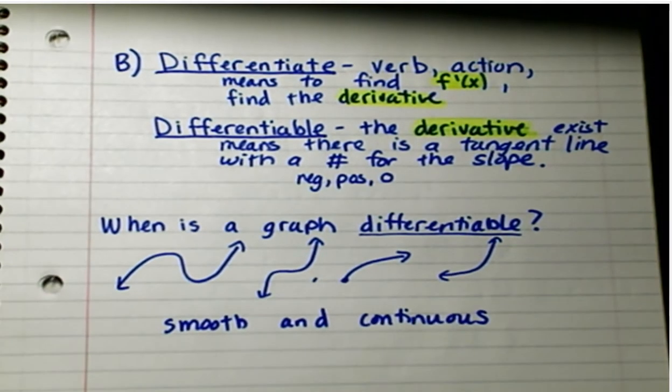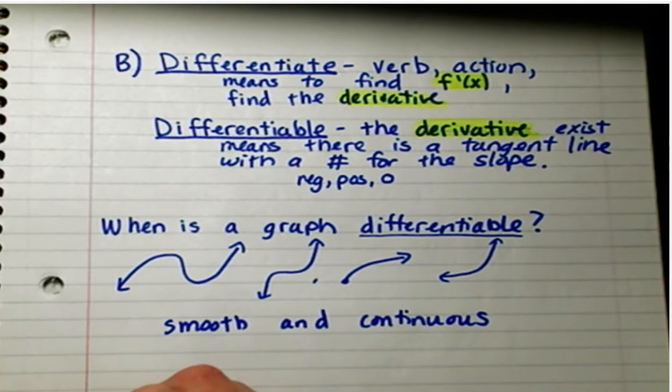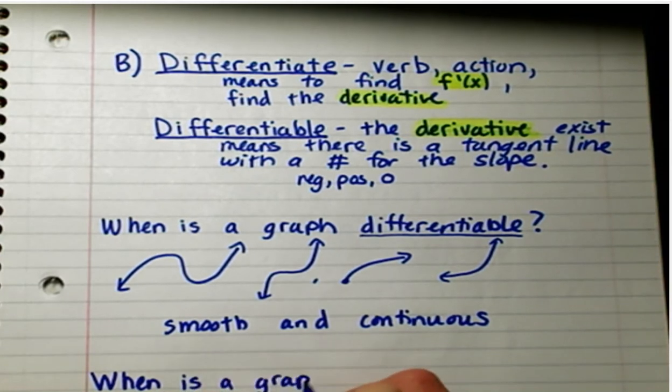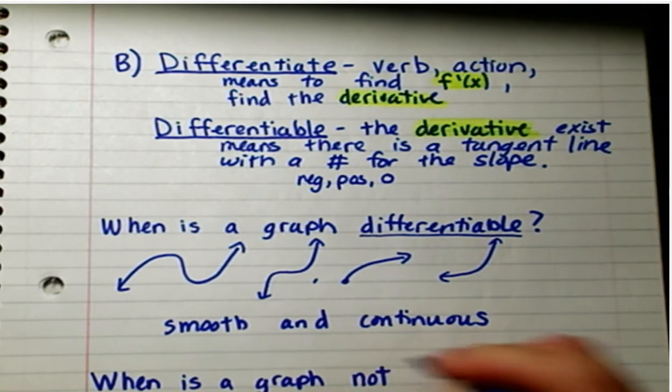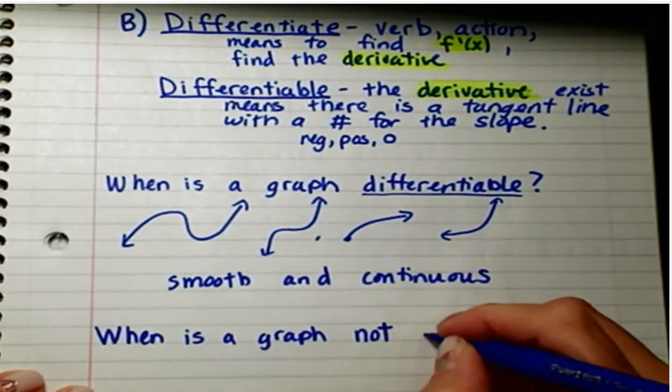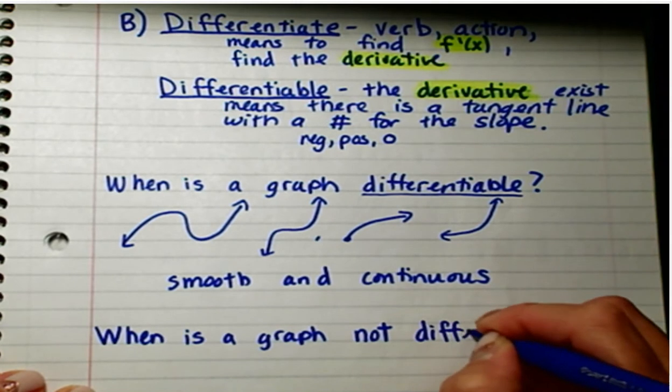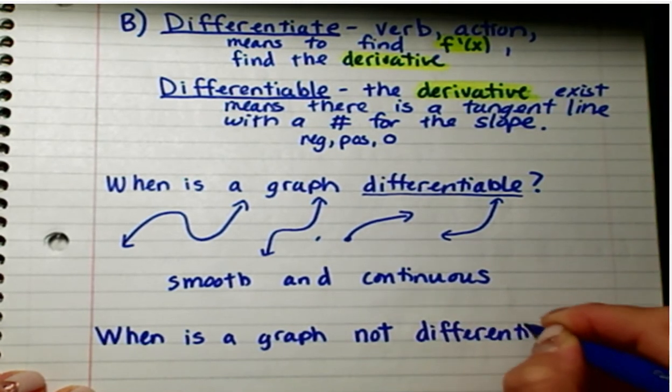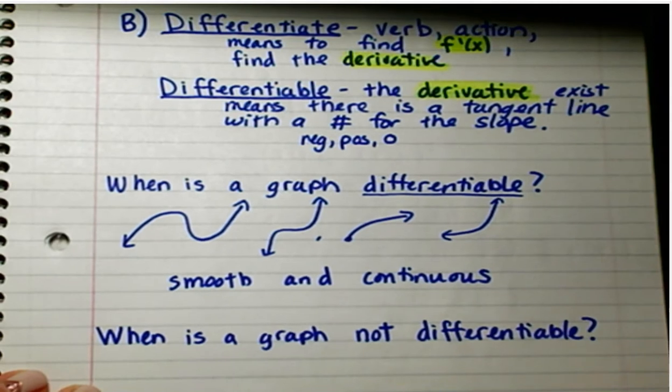Smooth and continuous. When is a graph not differentiable?